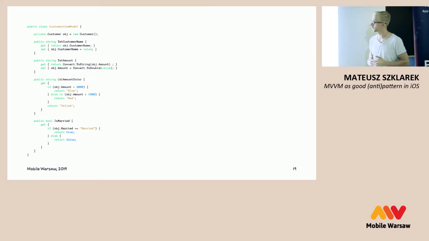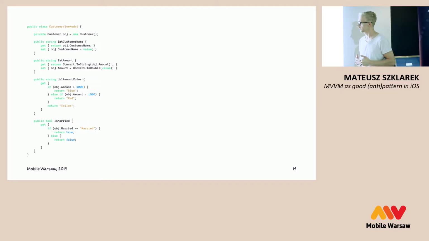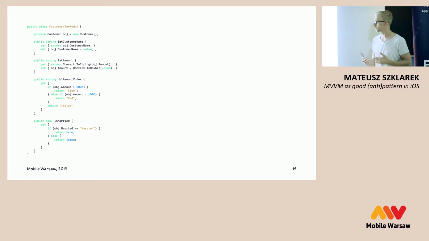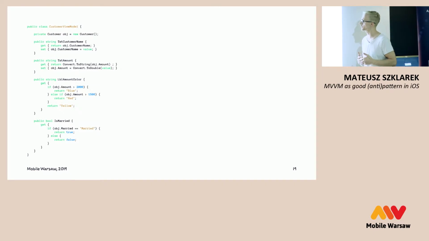We have here 4 properties, of which the first two convert properties from a model to some different type, and in the other two we have some logic which computes, depending on the amount from a model, some label amount color and an is-merit property.